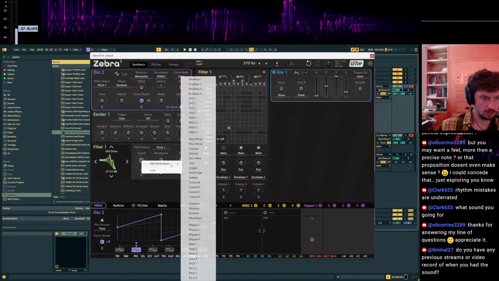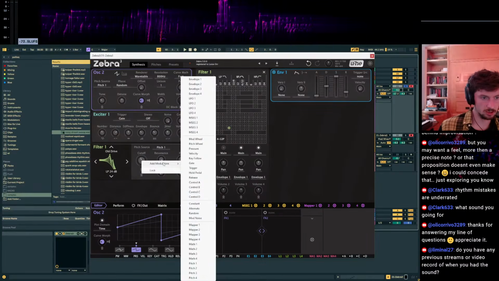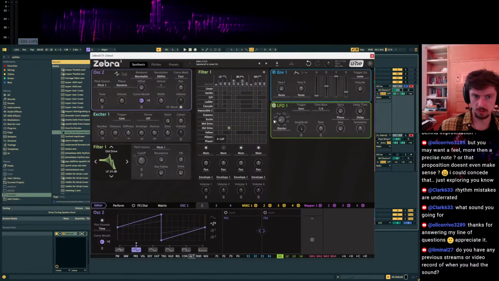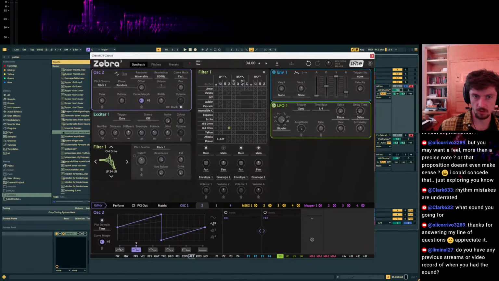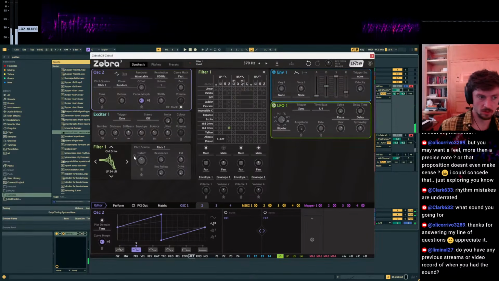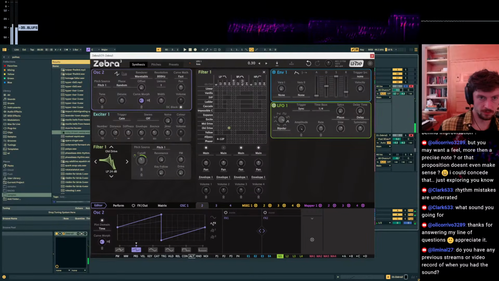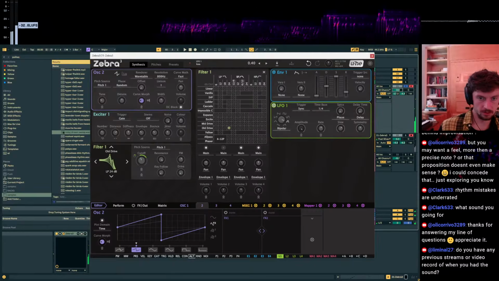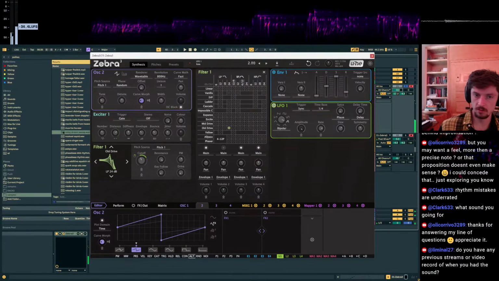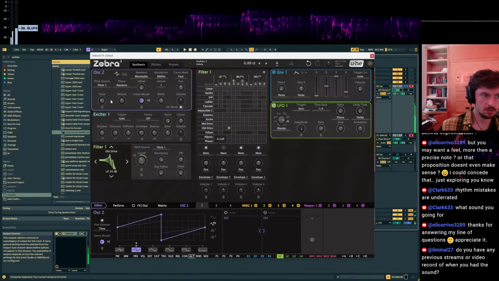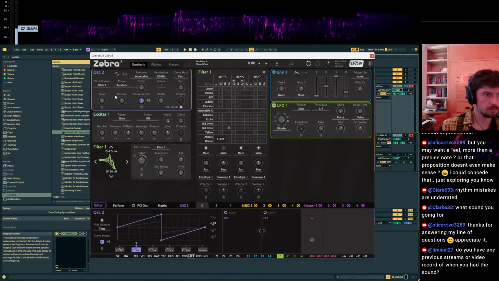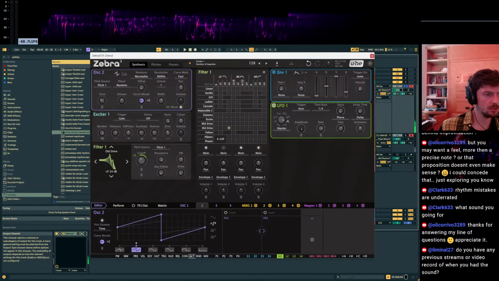Cool, and then let's add modulation. I guess we do LFO1, random hold, add slew. And then exciter.